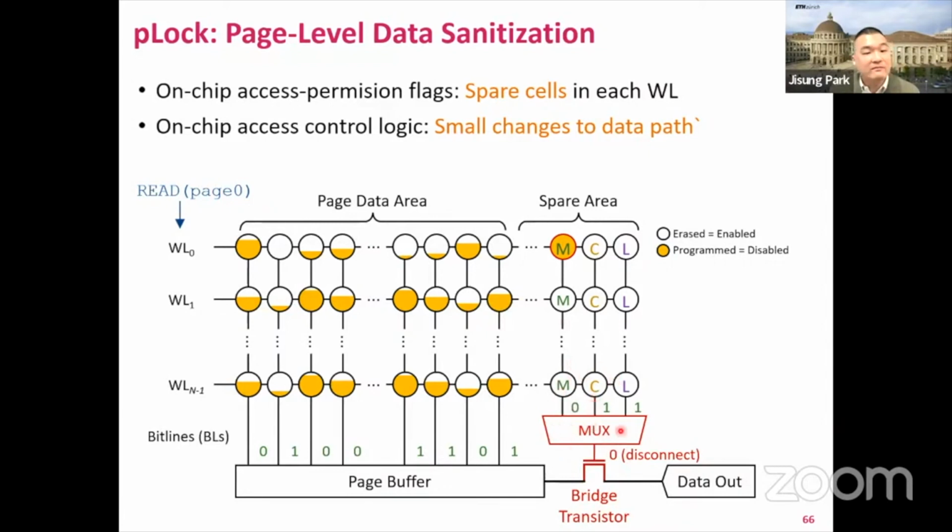In this example, the target page's access permission flag is disabled, meaning its cell value is 0, which disables the bridge transistor and thus disconnects the page buffer from the data-out circuitry. So reading the page always returns all zero data, regardless of the actual values of stored data in the page buffer, right?